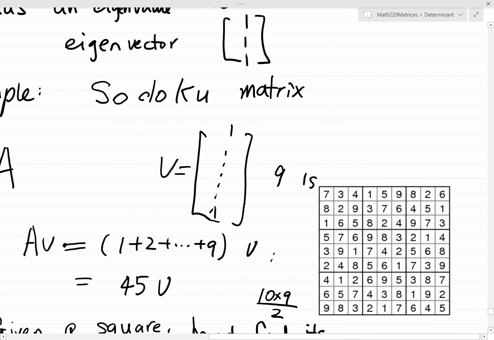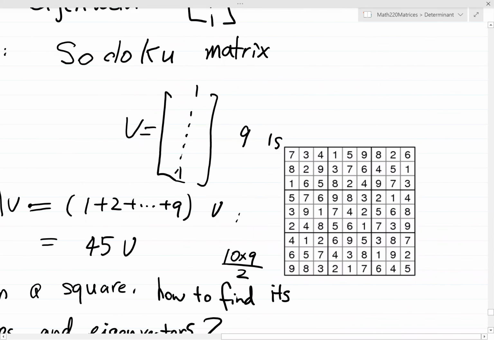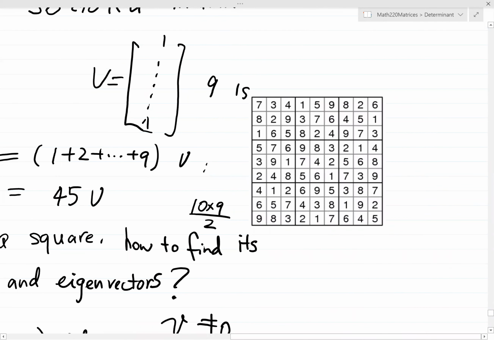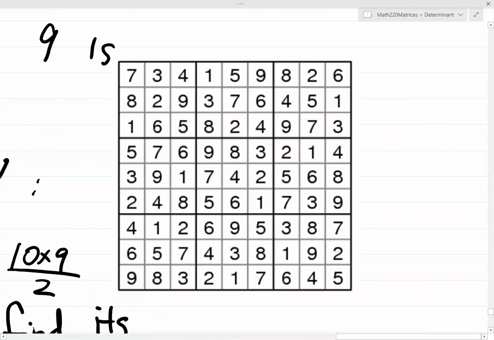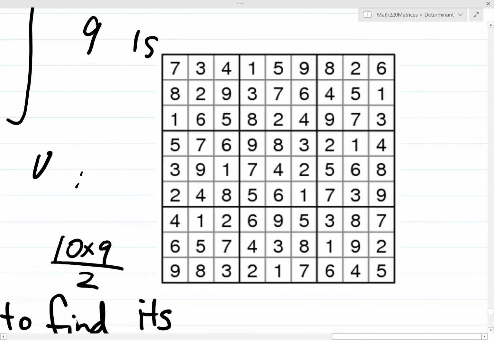Now this one is a Sudoku matrix. Every column and every row is a permutation of 1, 2, 3 all the way to 9. The sum of every row is the sum 1, 2, 3 all the way to 9.